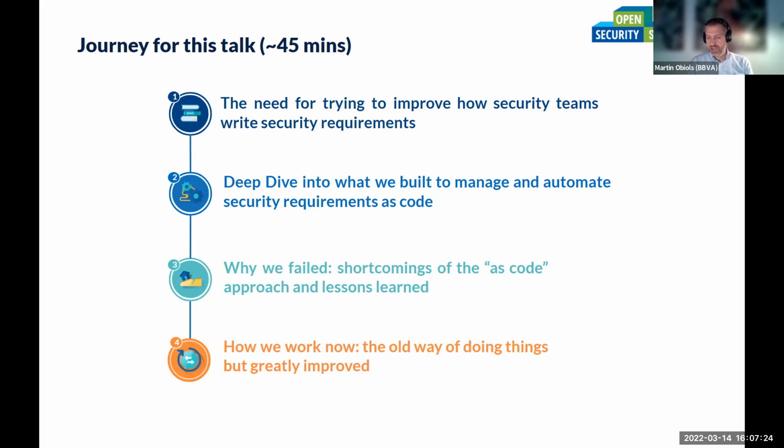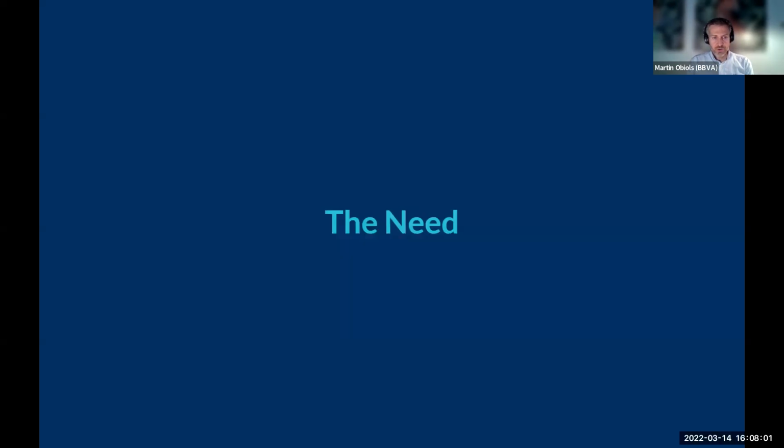The reasons why we failed, because we failed, this wasn't something that stuck with us in our internal processes, but lessons were learned. And in the end, we will also present how we work now, the old-fashioned way of doing things, but improved with additional tools, and probably some key messages that everybody needs to keep in mind, so they don't get too excited with the whole thing of trying to do everything as code, because there are certain shortcomings that need to be taken into consideration. So without further ado, let's start.